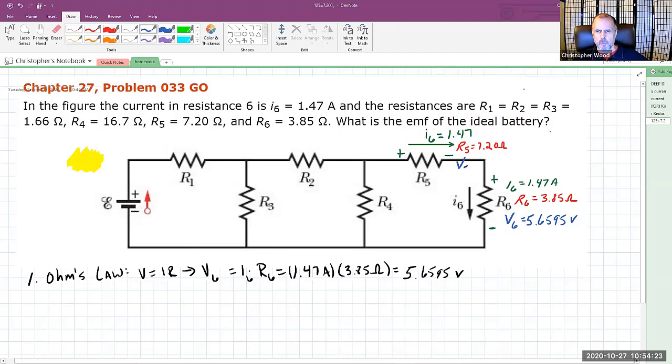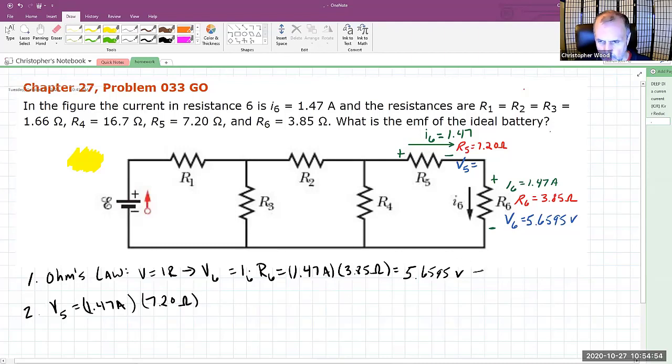My voltage across R5 is just Ohm's law, and maybe I'll fast track a little bit. R5 has the current going through, 1.47 amps is going through R5, which means R5 is burning up some voltage, 1.47 times 7.2 ohms.